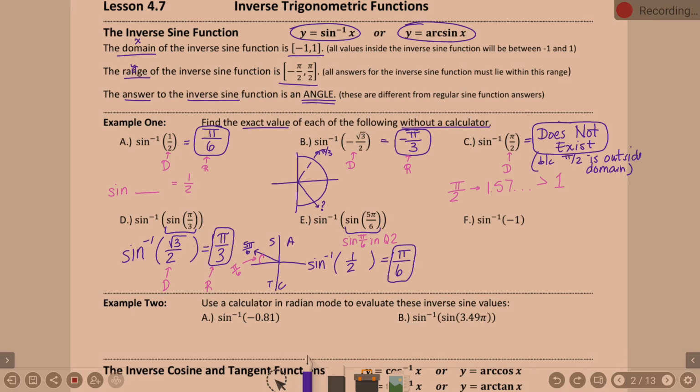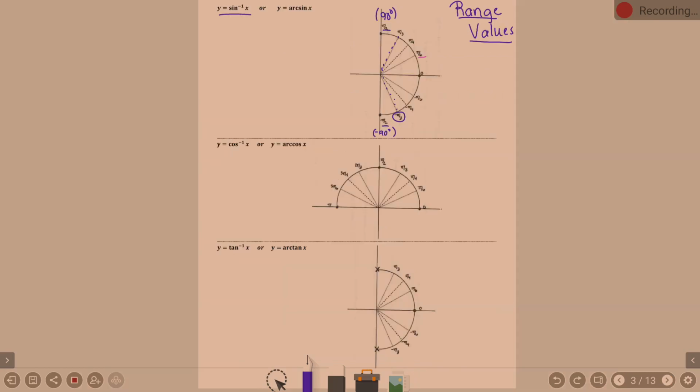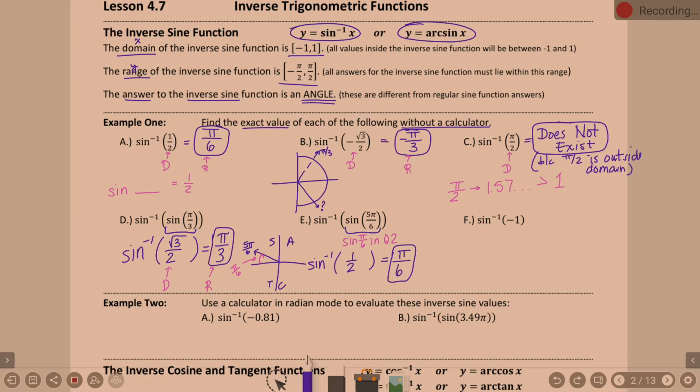Yeah. Remember, go to your half circle. Pi over 6, it's one we must have talked about yesterday. It's between negative pi over 2 and positive pi over 2. So we do have a good range value here, and we do have a good domain value.